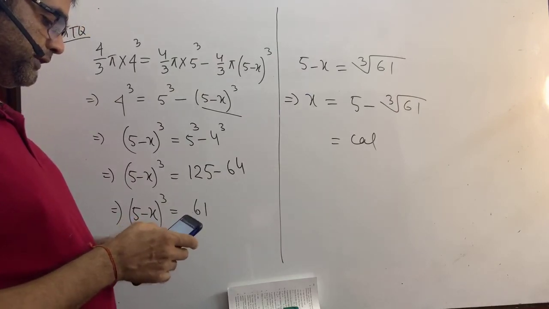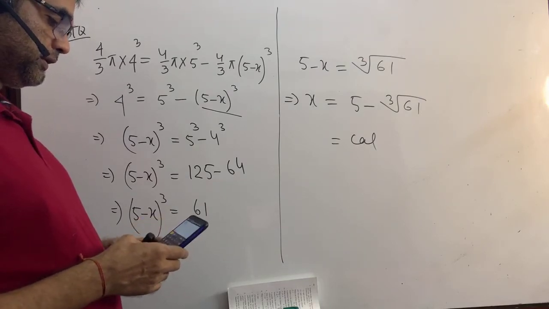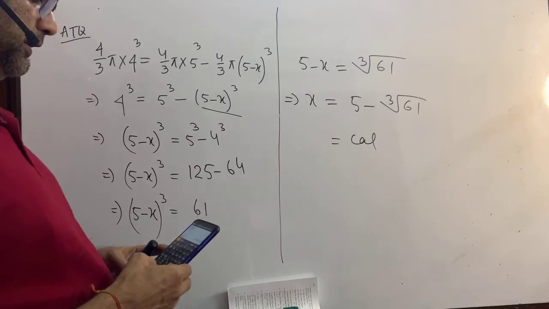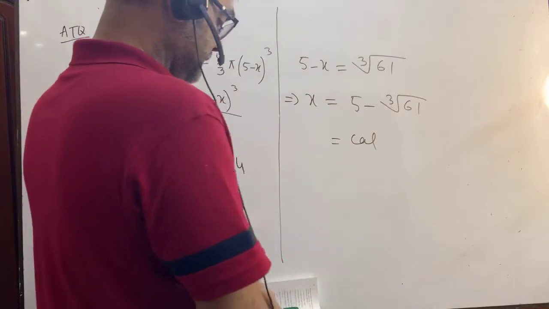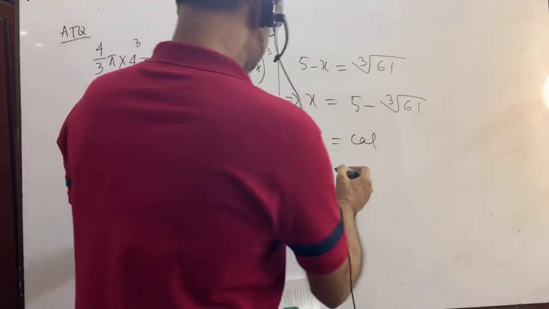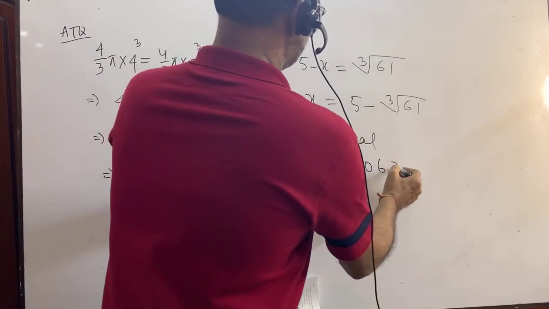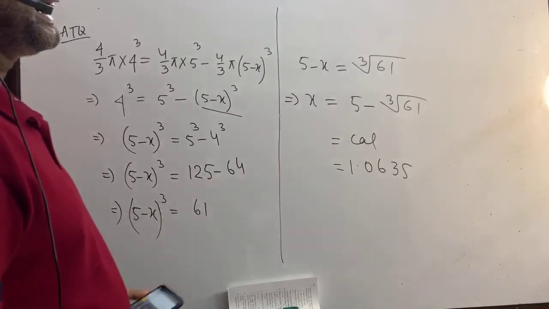5 minus root cube 61 is equal to, we have got here in another software, 1.0635 approximately.